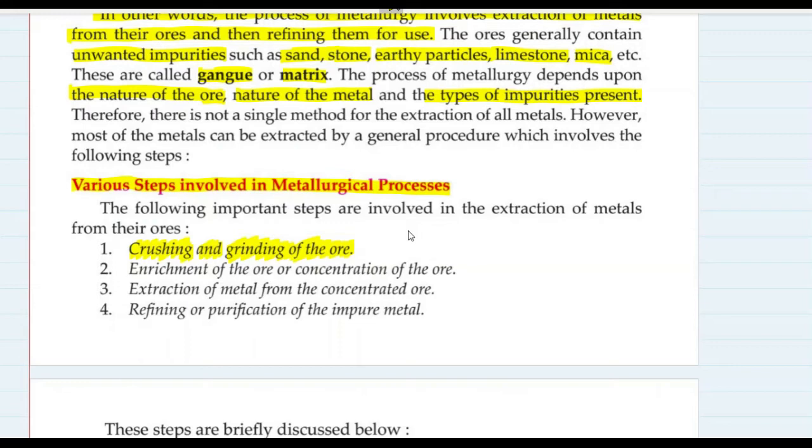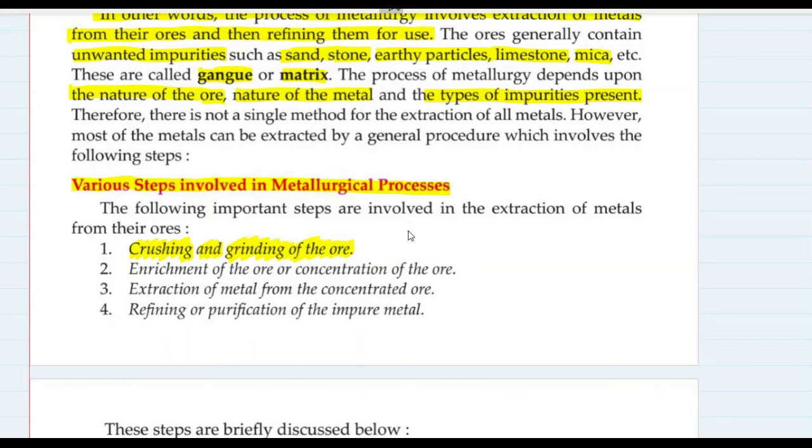This ore is present in the form of huge chunks of rocks, so huge that they cannot even be lifted by 10 people. They have to be lifted by huge cranes.